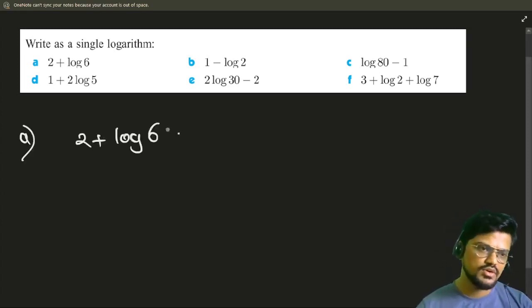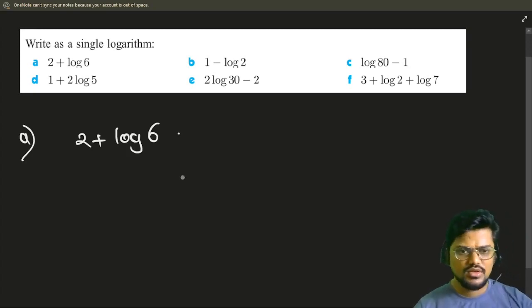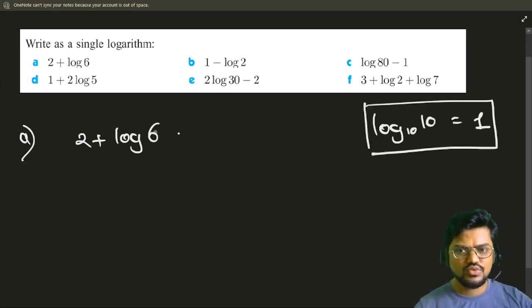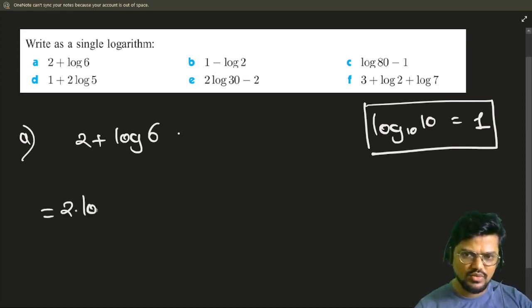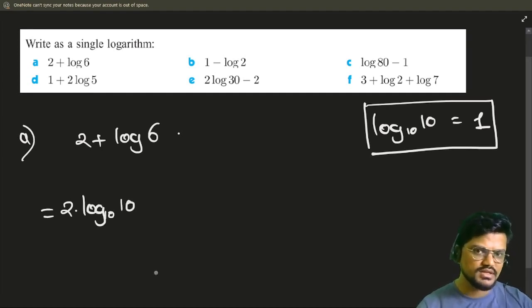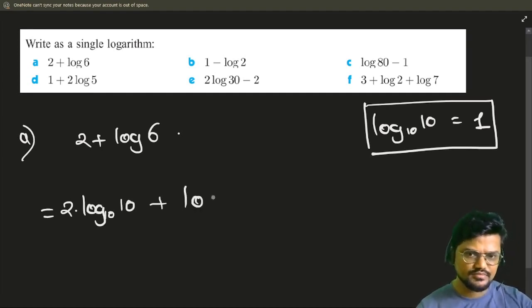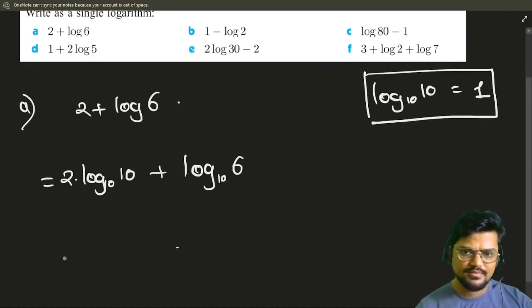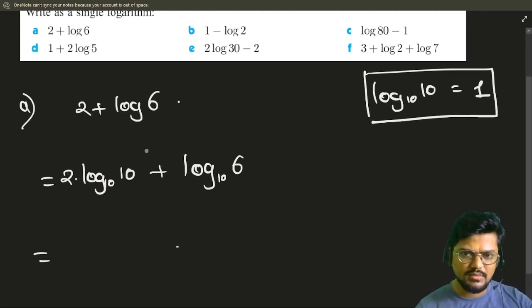We know that log of 10 to the base 10 equals 1. So to simplify it, I can write 2 into log 10 to the base 10, because that is 1. And this is log 6. Even if the base is not written, the base is 10 always. After this, 2 can be taken in power.